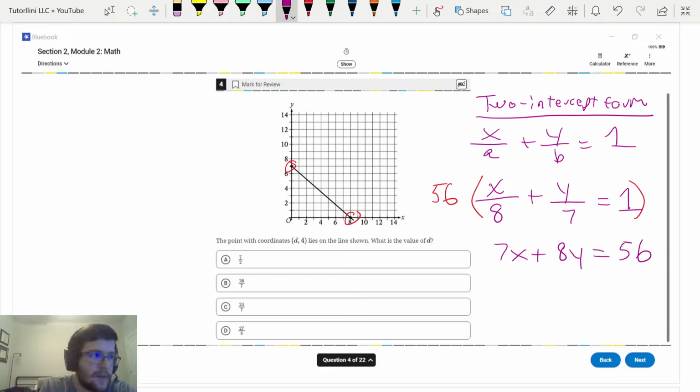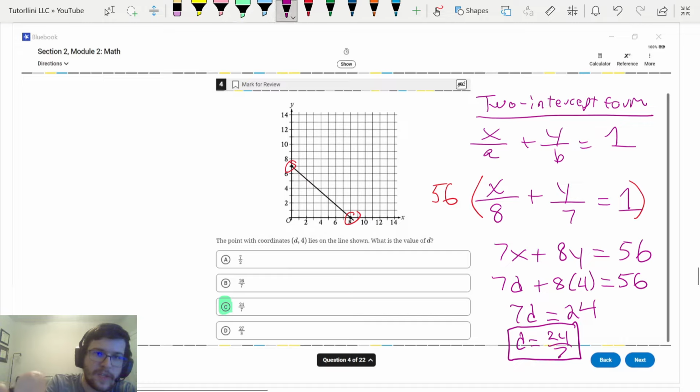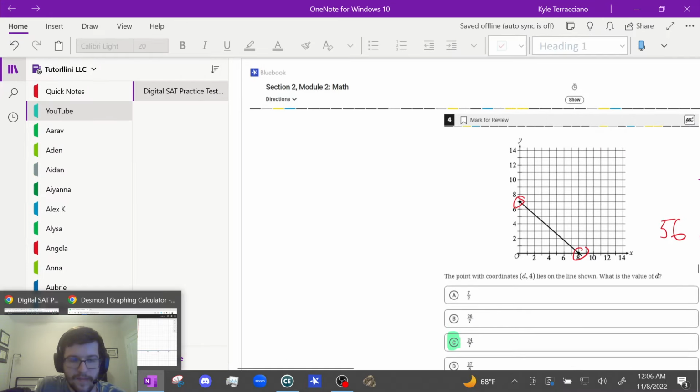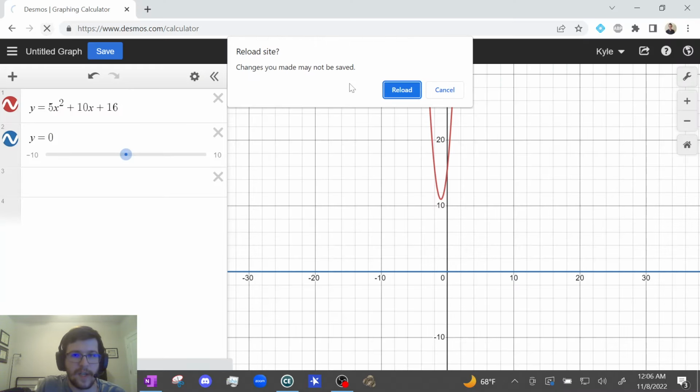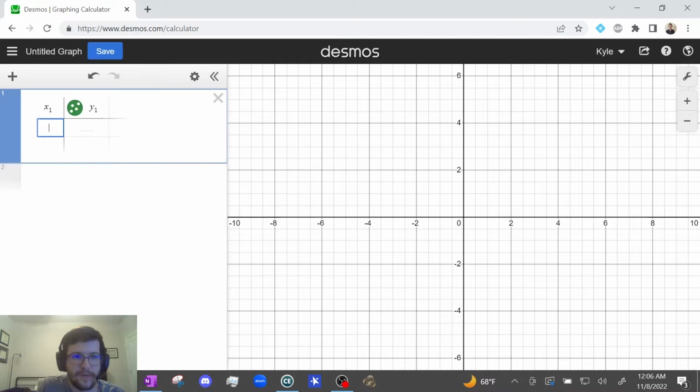Now we plug in d comma 4. So 7d plus 8 times 4. You get 32, and then you subtract 32, and you get 7d equals 24. So d equals 24 over 7. I showed this before because this was on module 2a, but you can also regress these points to get the equation, and you could just graph it too.